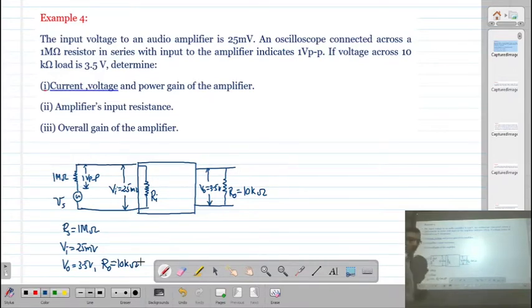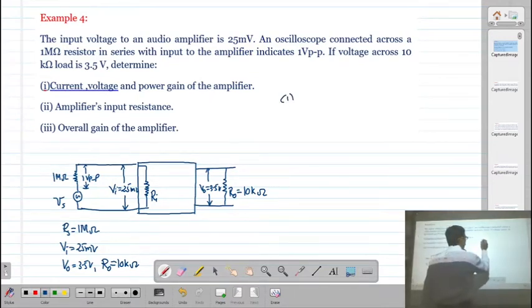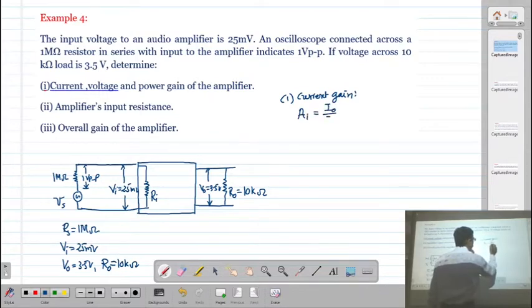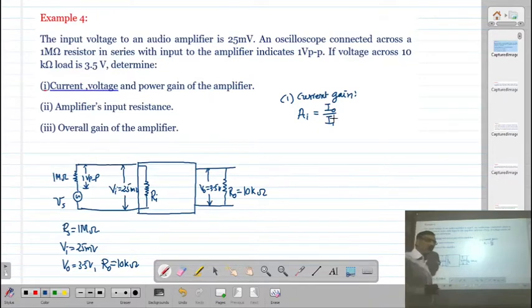Now you have to measure the current gain. Remember that first of all we will find the current gain. And what is the current gain? It is the ratio of the output current to the input current. So how will you measure the output current? For the output current, whatever current is flowing here, you can calculate with the help of this output voltage and the output resistance.